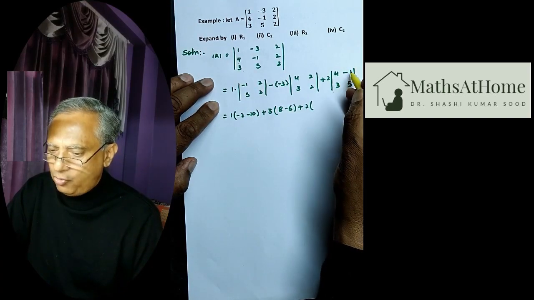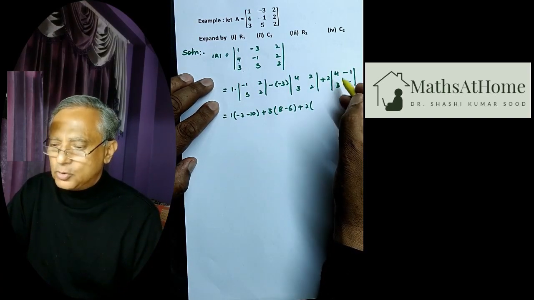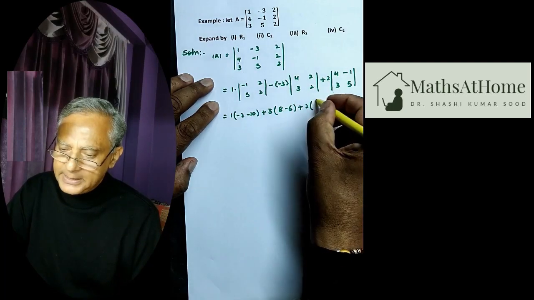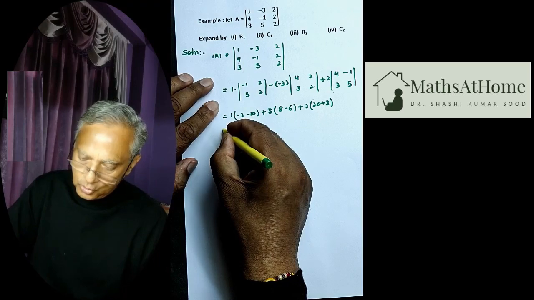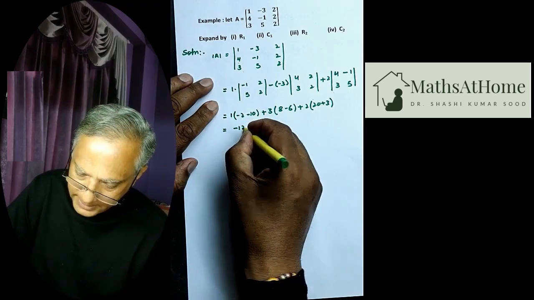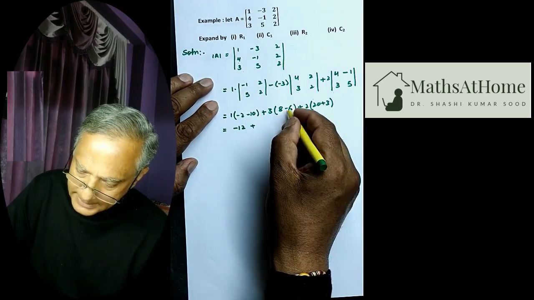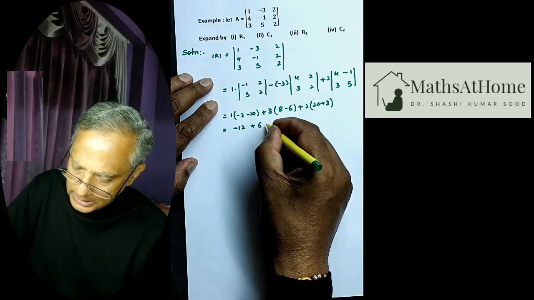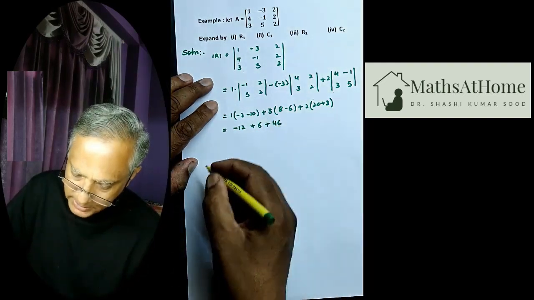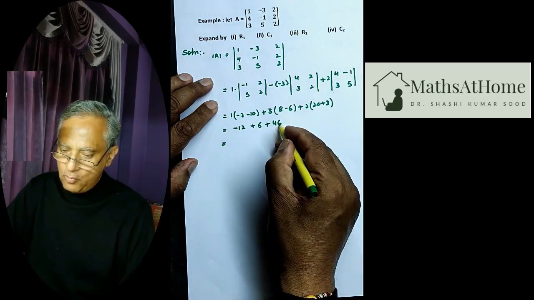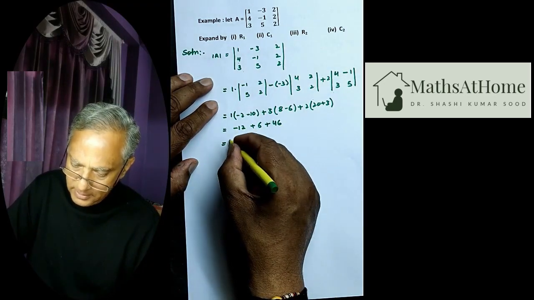So minus of 3 into minus 1 is minus 3, so this will be positive: 20 plus 3. So this will be equal to minus 12 plus, this is 2, so 3 twos are 6, and this will be 46. So this will be equal to 52 minus 12, that is 40.